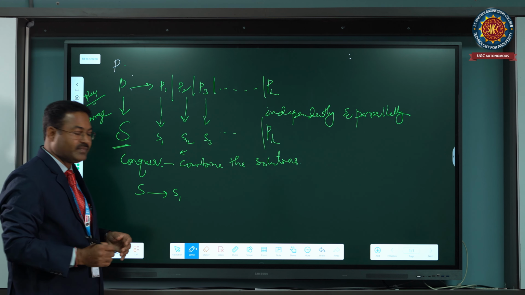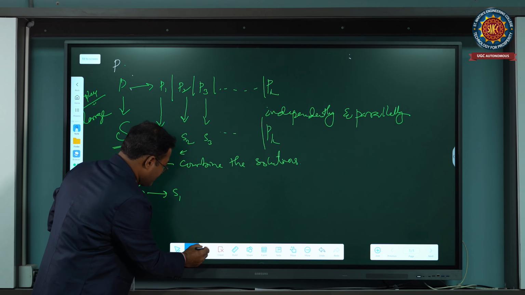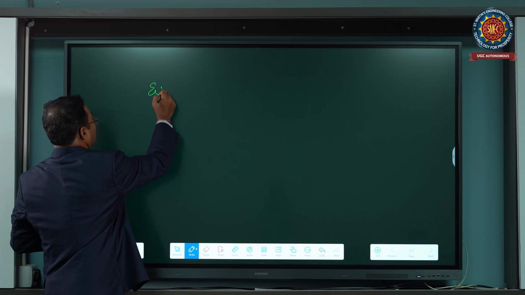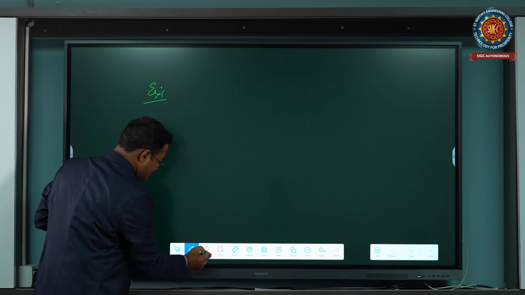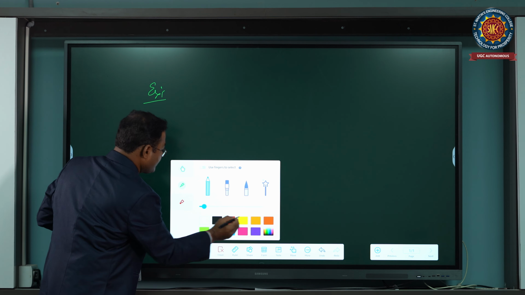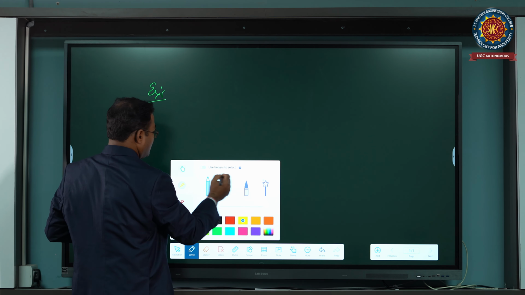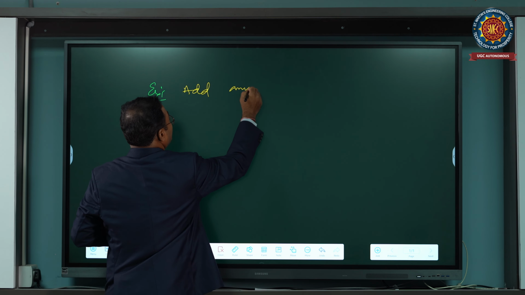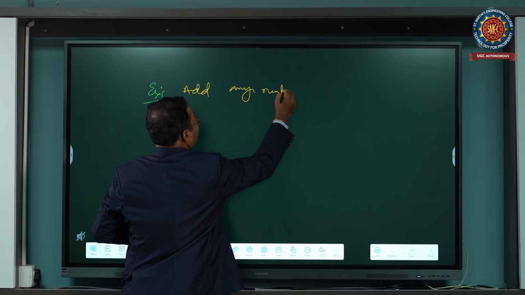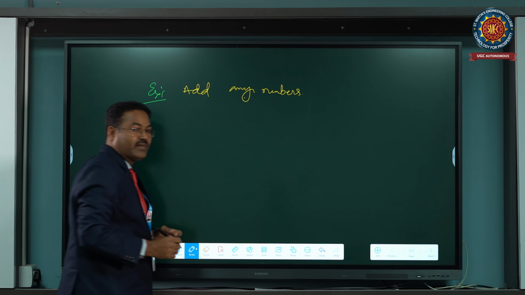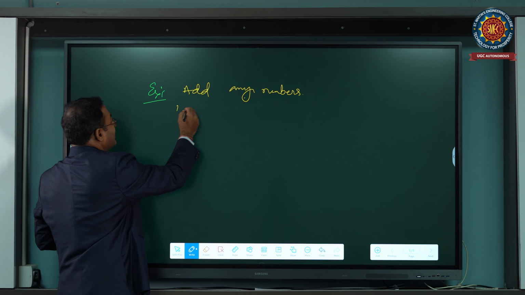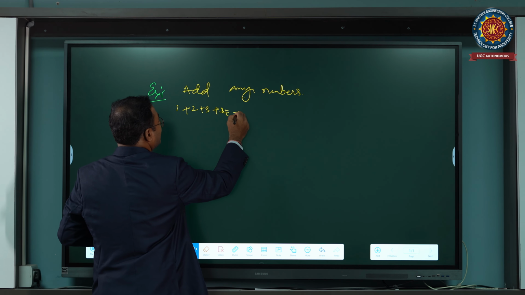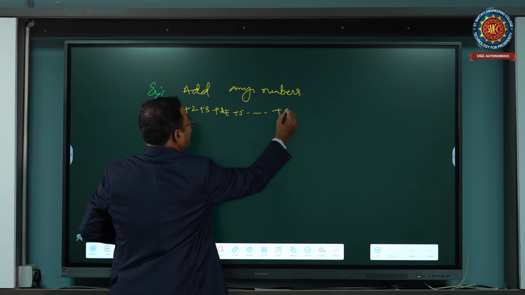For example, adding numbers. If I want to add 1 to 10, 1, 2, 3, 4, 5, up to 9.